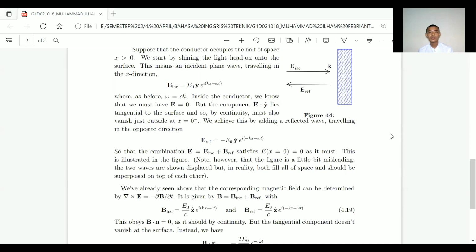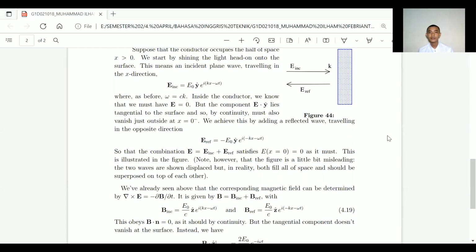Inside the conductor, we know that we must have E equals 0, but the component E multiplied by y lies tangential to the surface, and so by continuity must also vanish just outside at x equals 0.